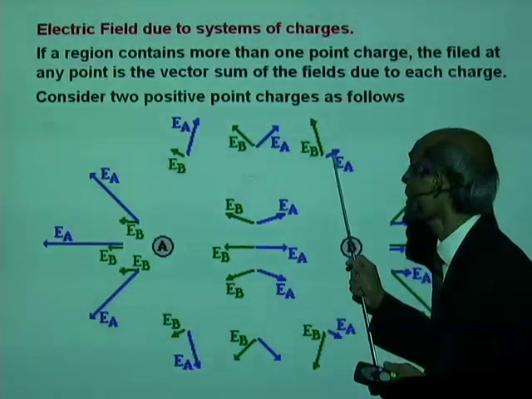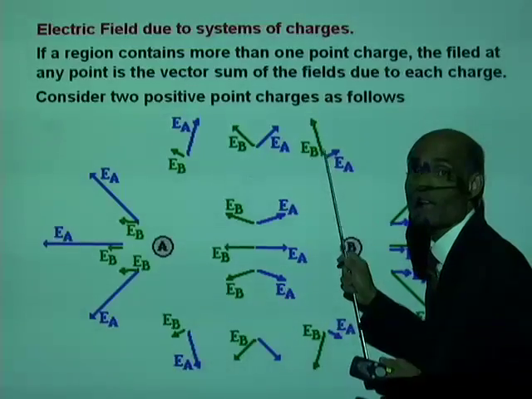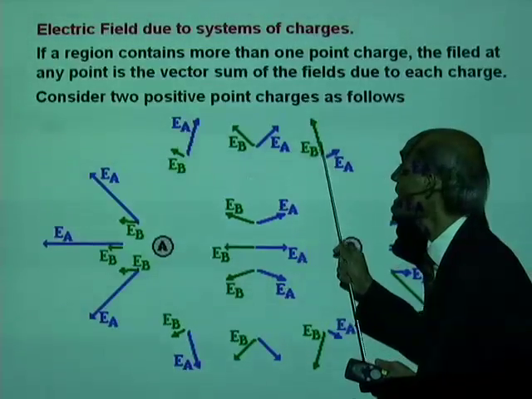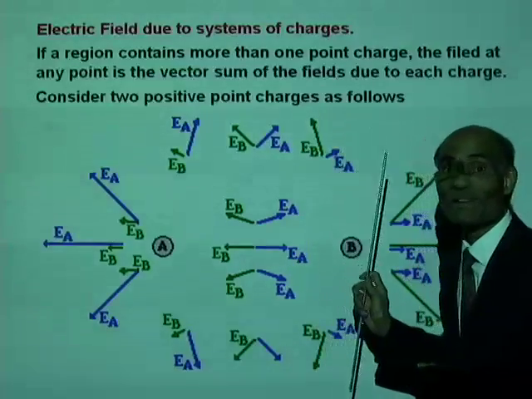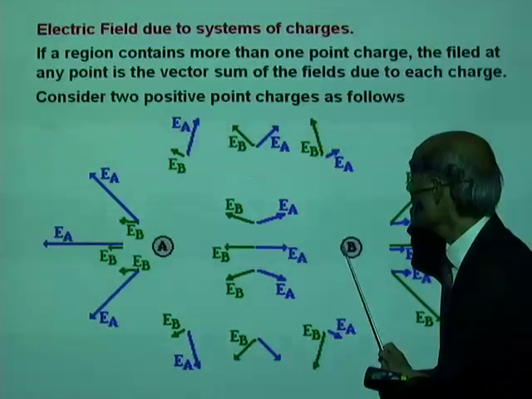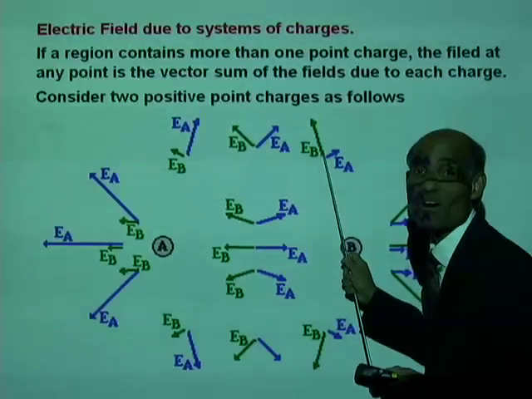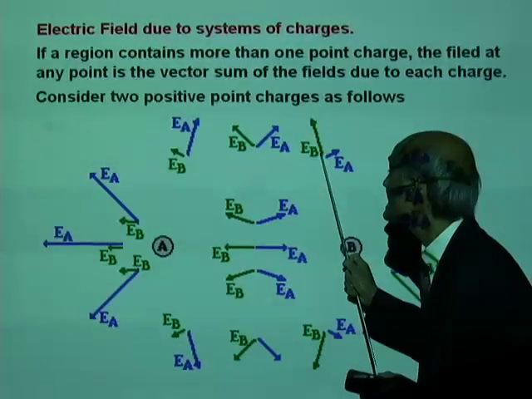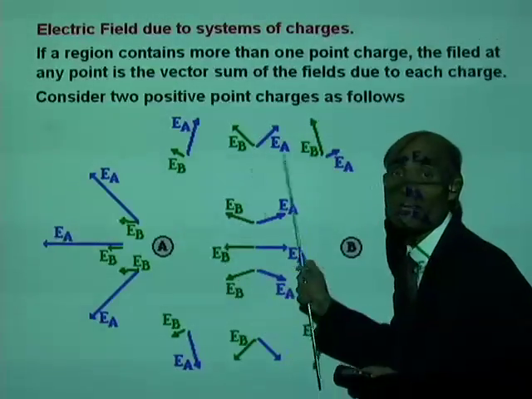Now tell me, why is the blue arrow E sub A smaller than the green arrow E sub B? Well, because B is closer to this point, that means the intensity of the field is greater at this point due to B than due to A.